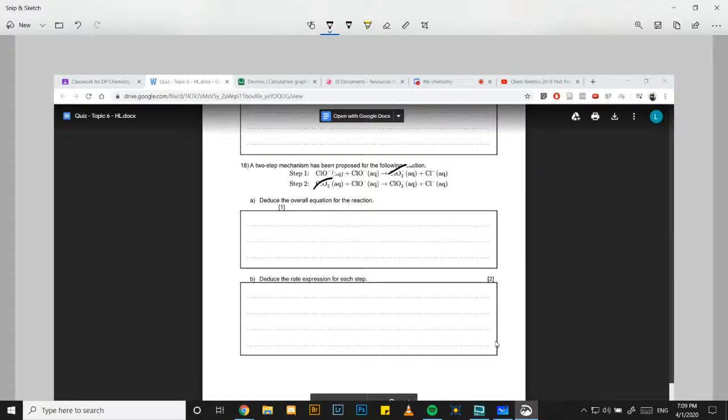And now you have ClO minus and ClO minus, so that's 2 I can write over there. That's 2 ClO minus plus another ClO minus from the reactant side of it. So I'm going to make it a 3.